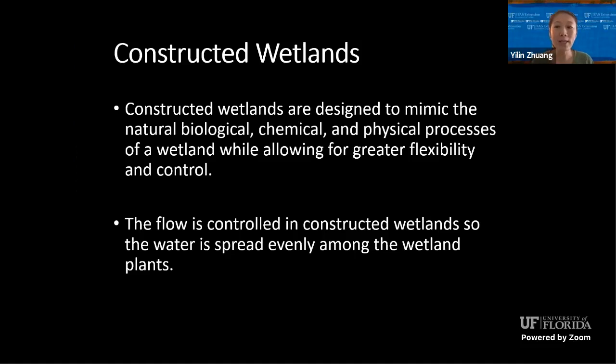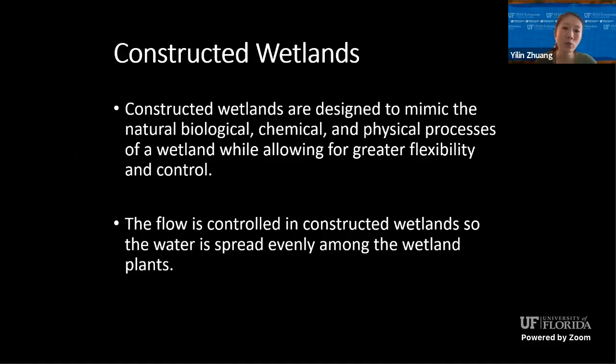Although treatment wetlands require a large amount of land, they are more cost-effective to operate and maintain than conventional methods of wastewater treatment because they require little energy and operational attention.